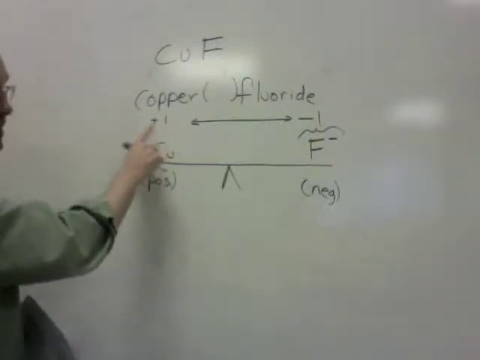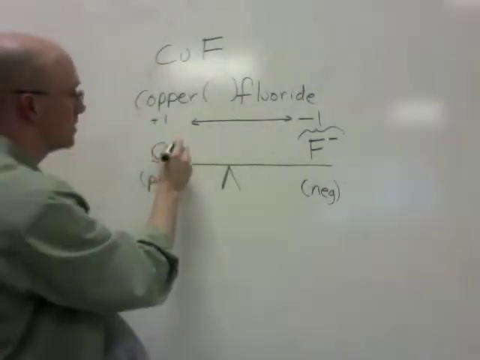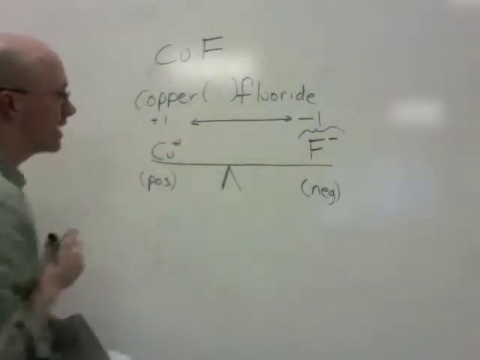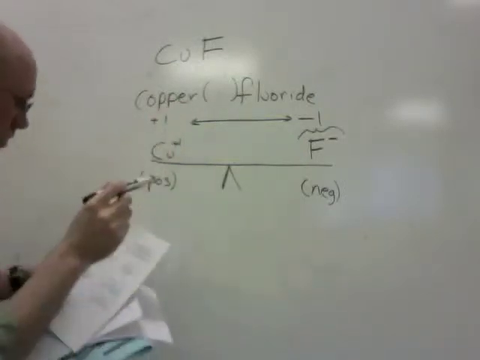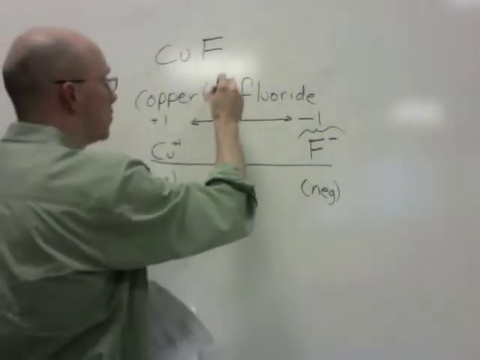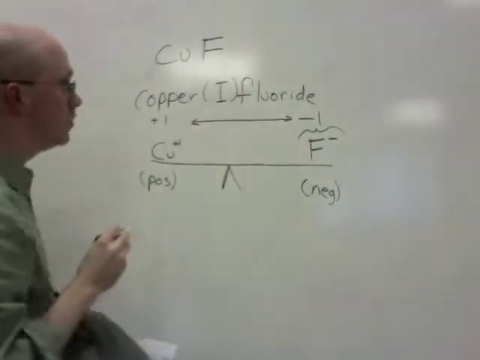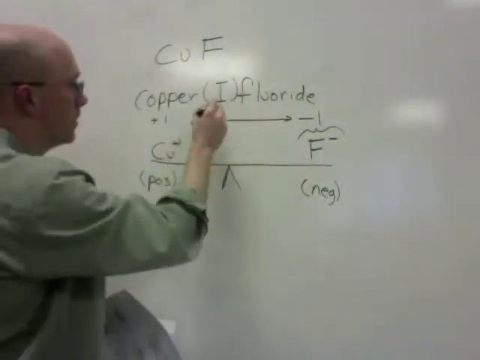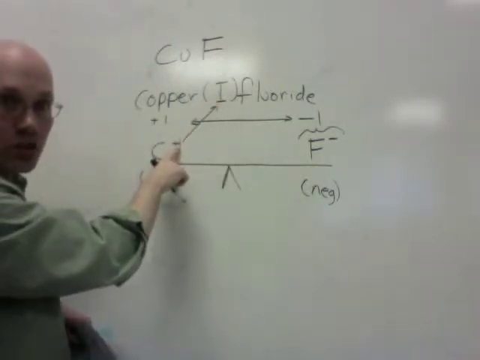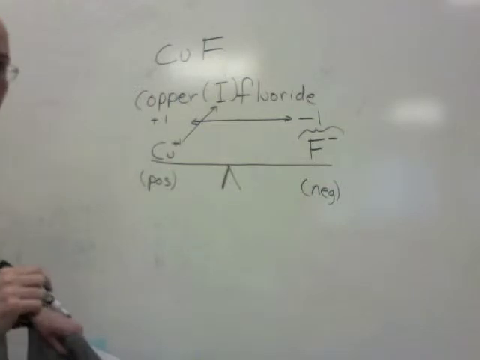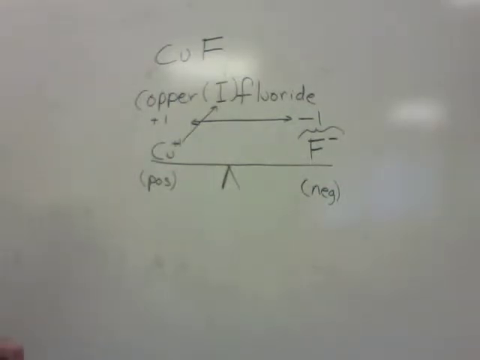So it's got to pay the entire bill since there's only one of them. So that guy is +1. So what this would mean is that CuF is copper(I) fluoride, where that Roman numeral I comes from the fact that that is a +1 charge on that particular atom.